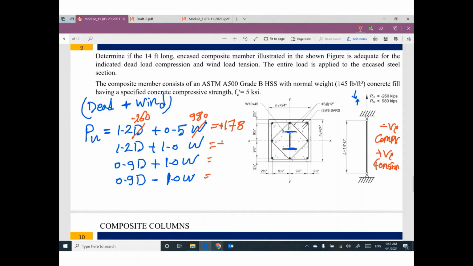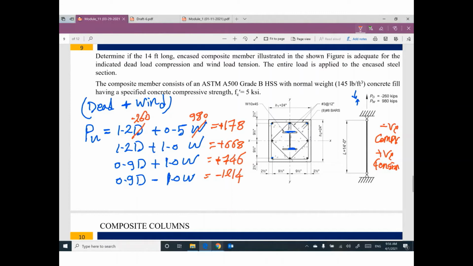We have positive 668 tension. 0.9 times negative 260 plus 980 will be positive 746. Wow. What else? 0.9 times dead negative 260 minus 980. So we have negative 1214.